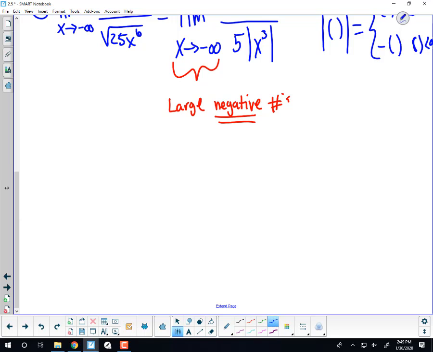So this turns into, we're going to just write it out, the limit as x approaches negative infinity of 10x cubed over 5 times negative x cubed.